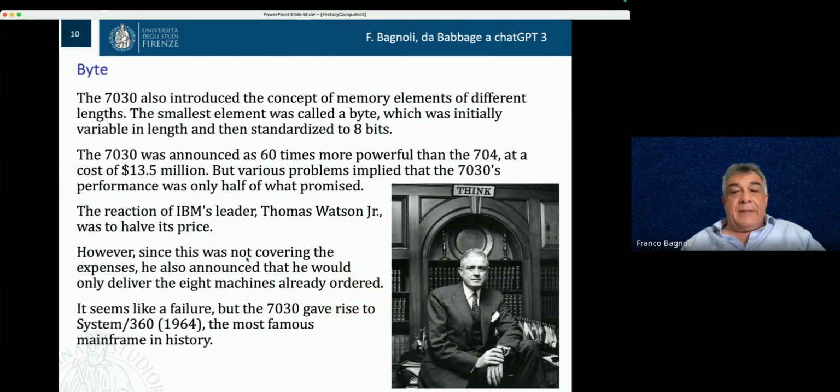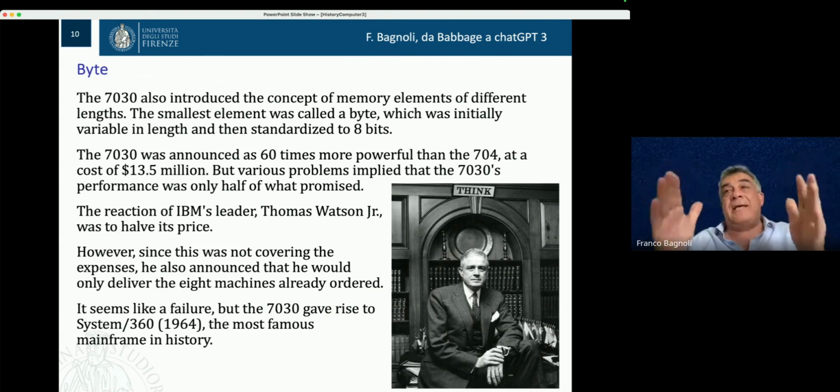Okay, another point that was not clear at the time was what should be the smallest amount of computer memory to be addressable in a single way. Because at the beginning, when you only considered numeric computation, you just had a certain size for numbers, and that was all.